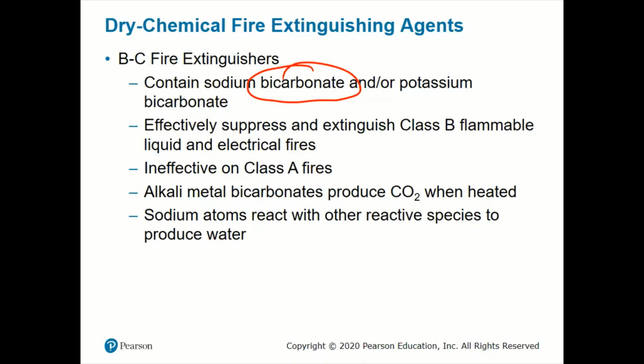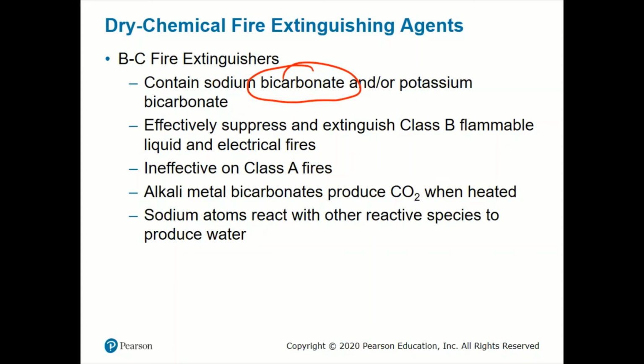It is one of the reasons, if you have a small kitchen fire, say you're frying up some hamburgers in a skillet and it just starts to kind of flame out of control, you can pour baking soda on it. Baking soda is sodium bicarbonate, and so it basically acts in the same kind of manner as a BC fire extinguisher.